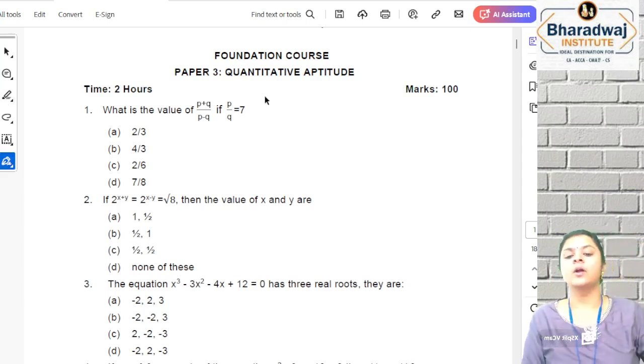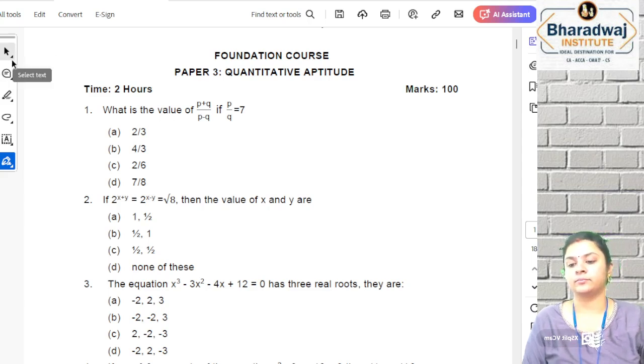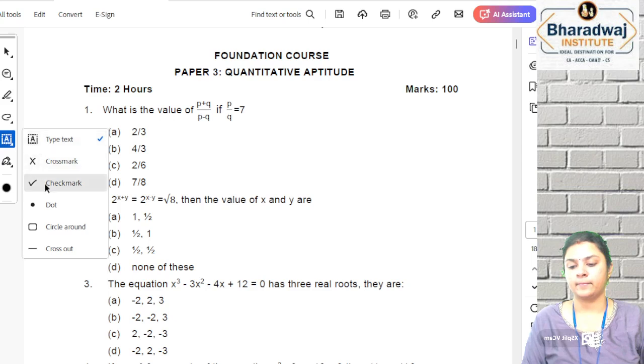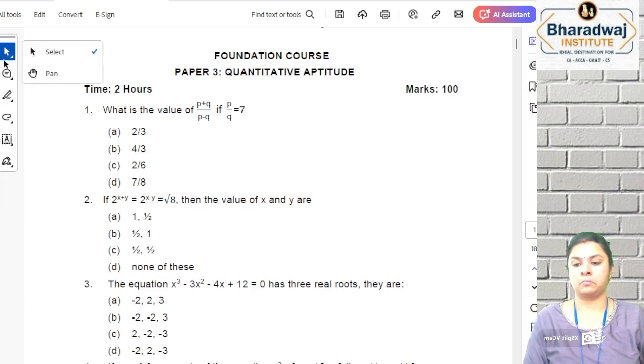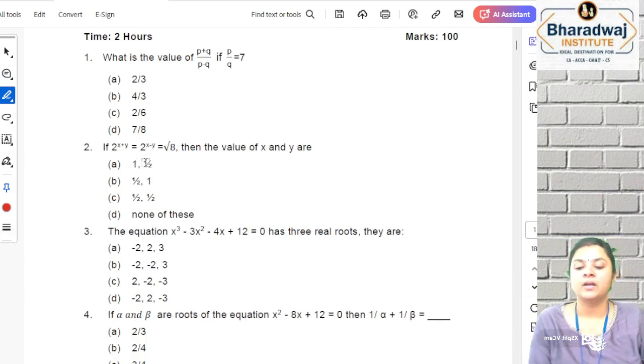Substitute: 7Q plus Q by 7Q minus Q equals 8Q by 6Q, which is 4 by 3. Next one.